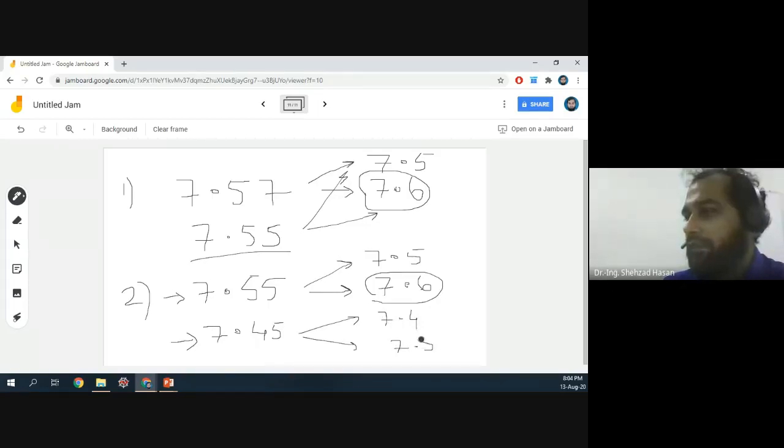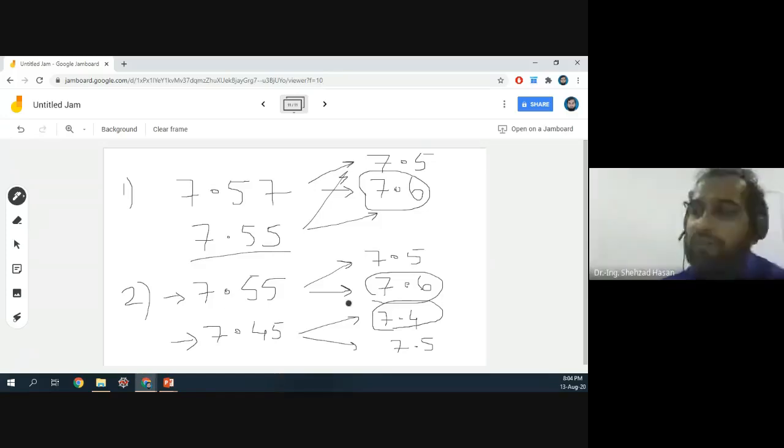So we are talking about the second scheme, round to nearest ties to even. There is a tie. Both of them have a difference of 0.05. Either you go to this or this. So then you go for even. Which one is even? 7.4.